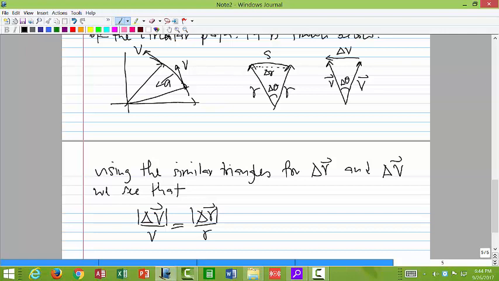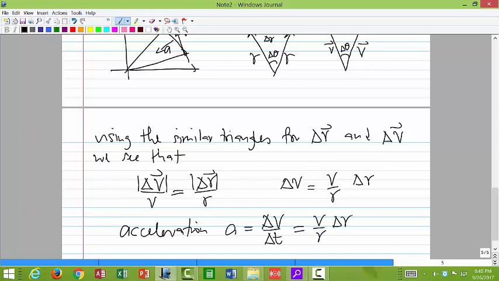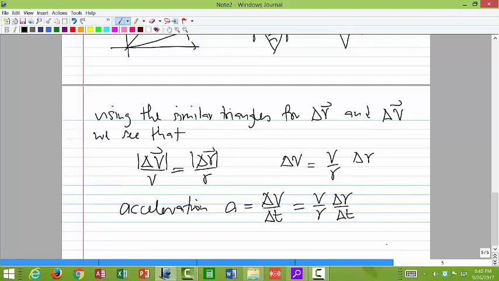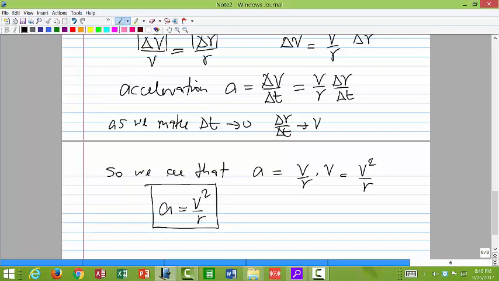So delta V is equal to V over R delta R. If we wanted to find acceleration A, acceleration is our change in velocity with respect to time, which is then equal to V over R delta R over delta T. As we make delta T approach 0, delta R over delta T approaches the velocity V. So the acceleration A is equal to V over R times V, which is V squared over R. So A is equal to V squared over R, and this is the centripetal acceleration, or acceleration to the center of the circular path.